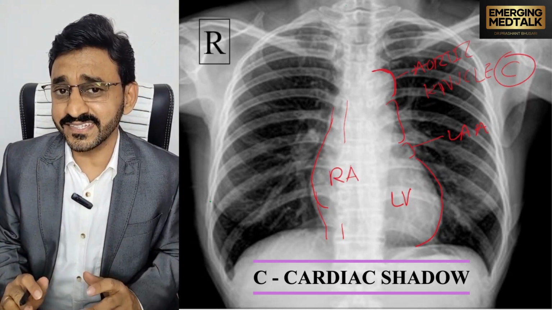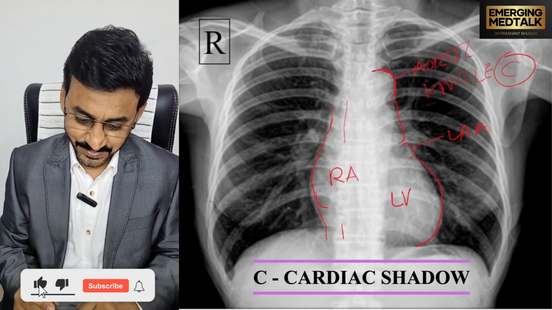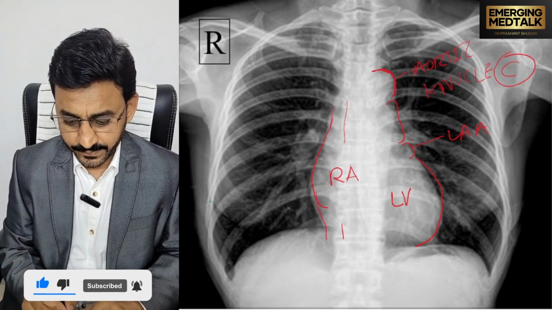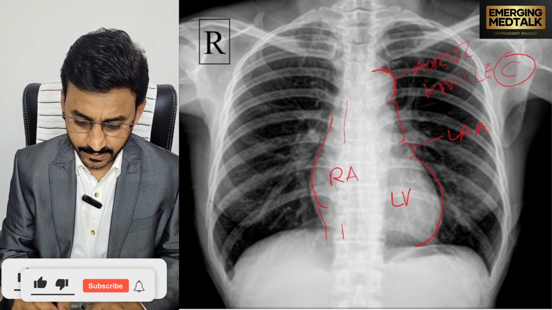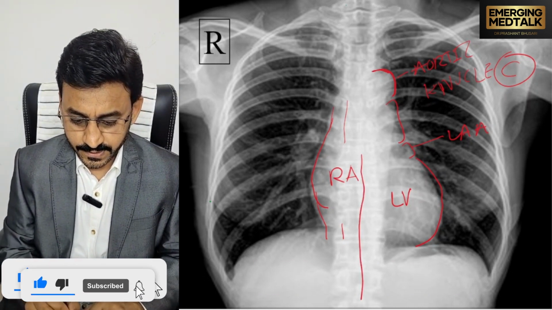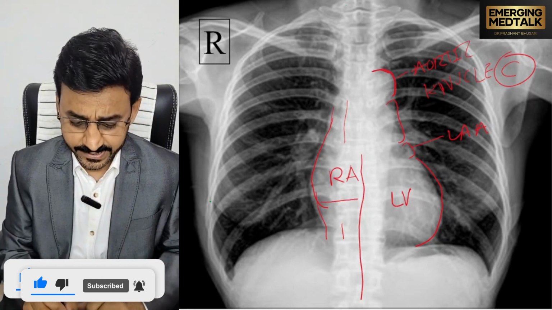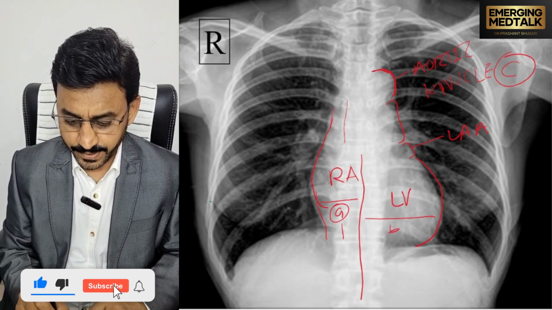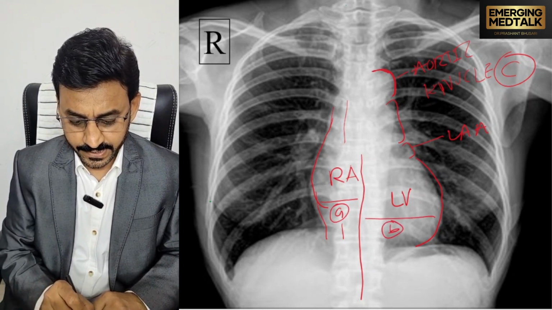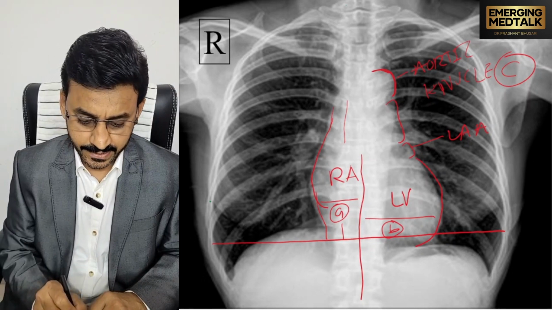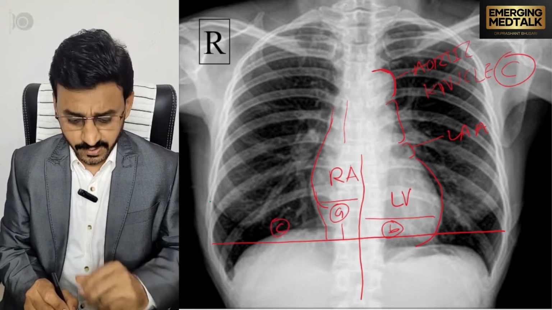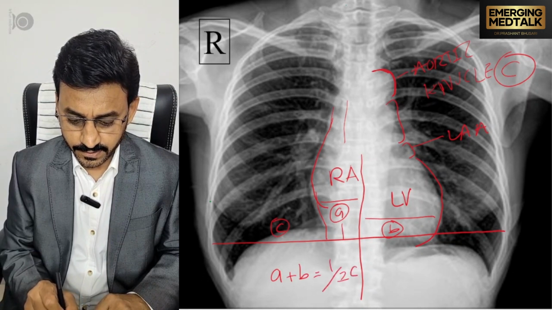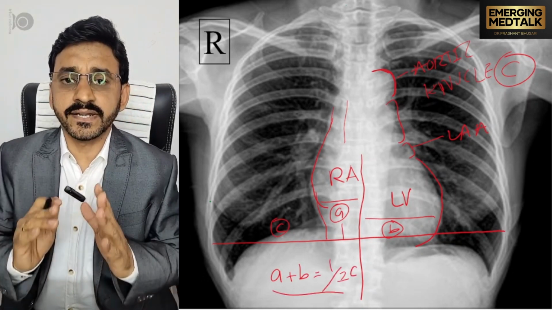Now what is important here is the cardiothoracic ratio. That determines the size of the heart. When we draw a vertical line along the spinous processes, the maximum diameter on the right side is A, the maximum diameter on the left side is B, and the maximum transverse diameter of the thorax is C. Then A plus B is always half of C, half the diameter of the thorax.